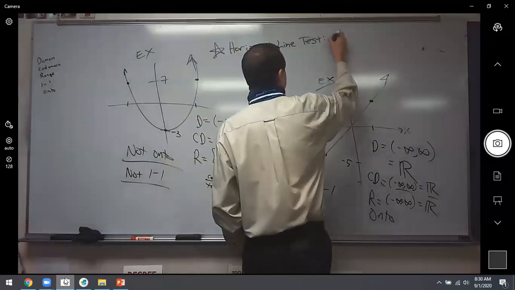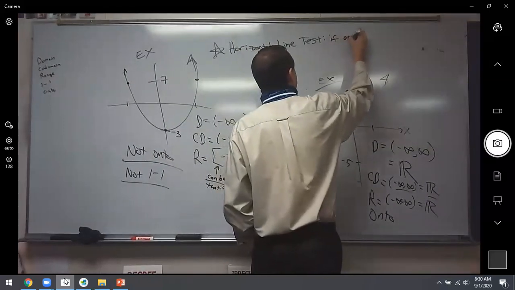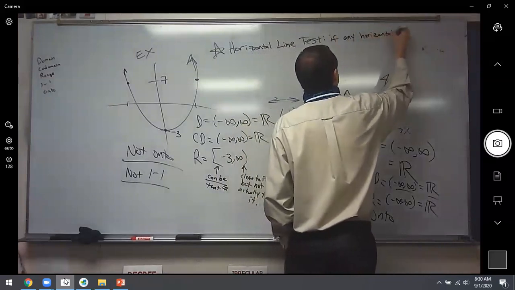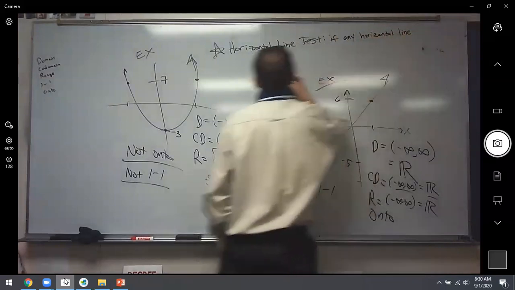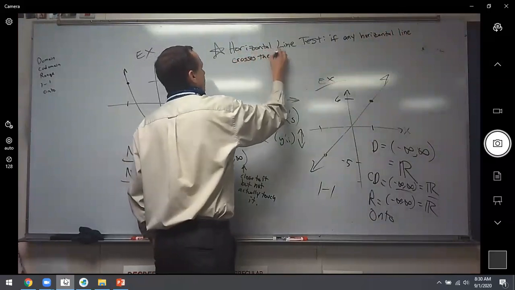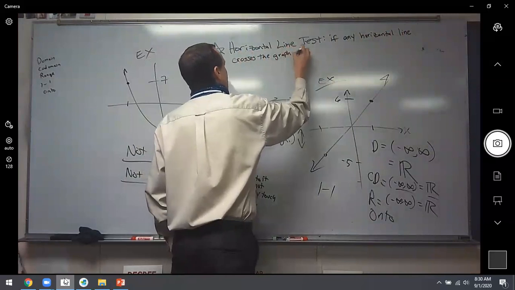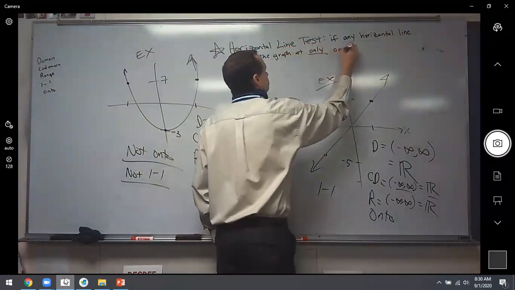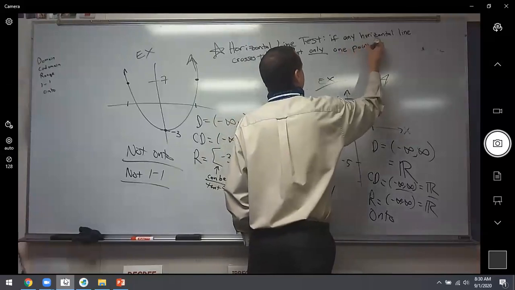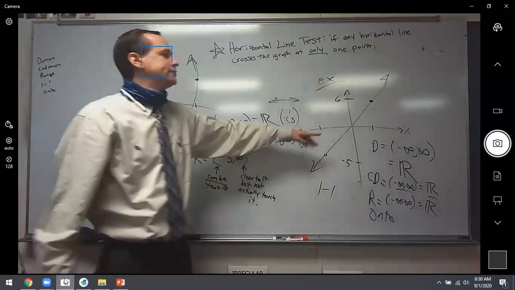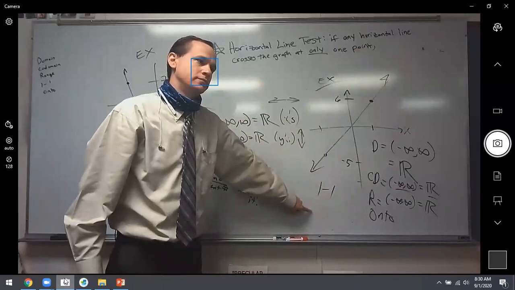Let's say this. If any horizontal line crosses the graph at only one point, this one would fit that bill, right? And this one was 1 to 1.